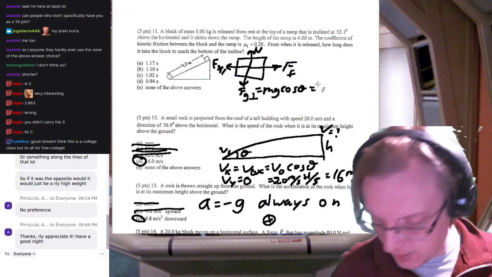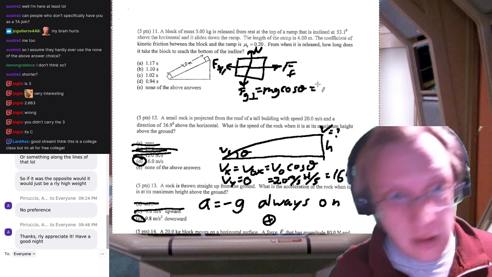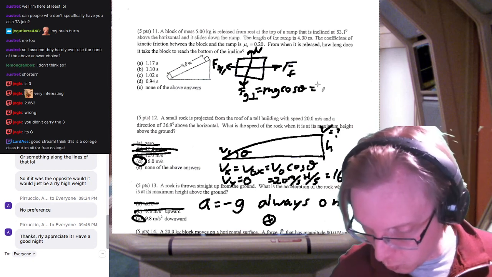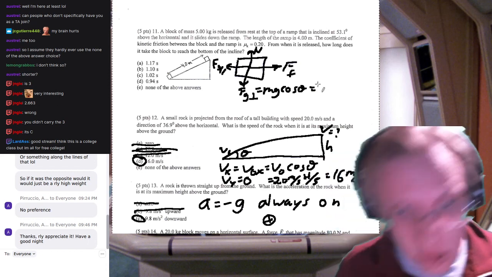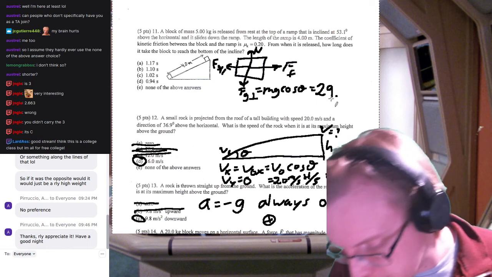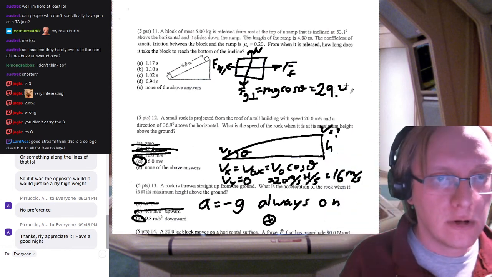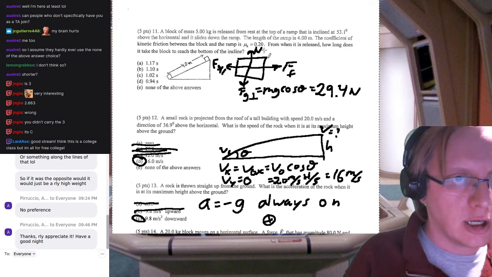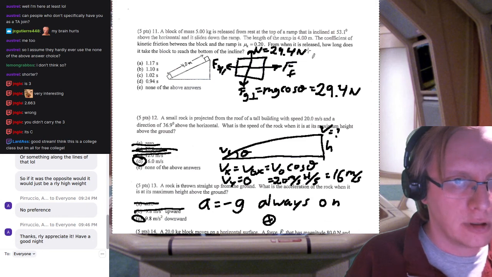We have 9.8 cosine 53.1. That is 29.4 newtons. Which means that this is also equal to 29.4 newtons.